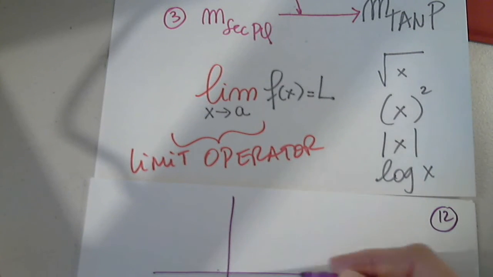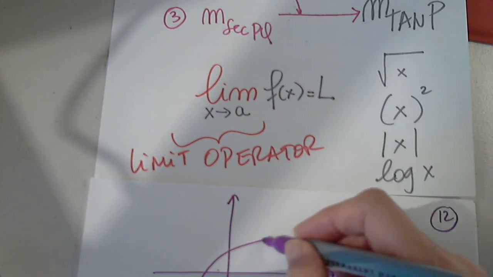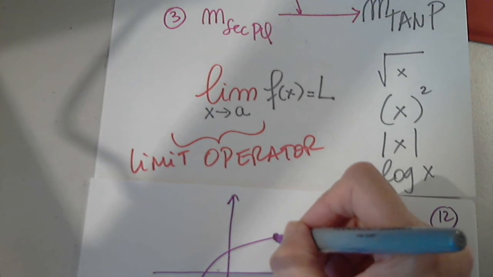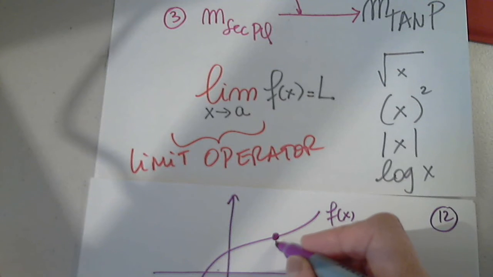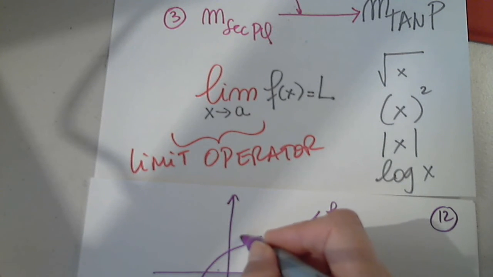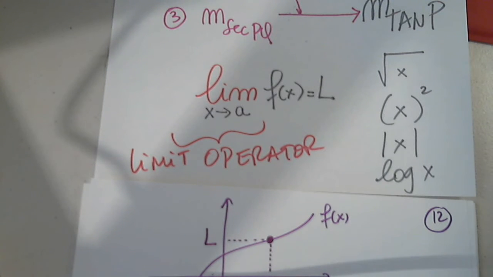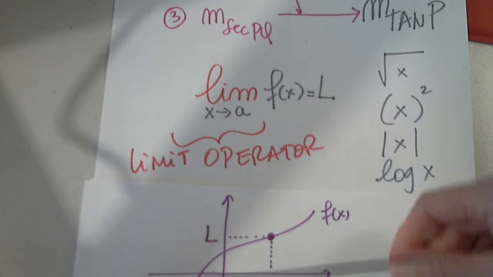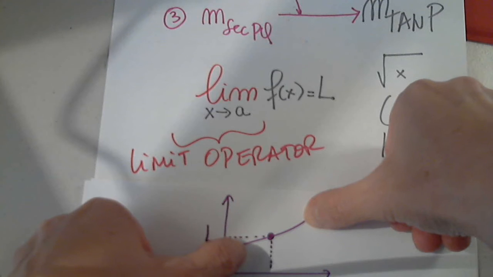So here's the graph. Again, a function. This is function f of x. And we have somewhere here a point. What does this say to us? It says that as x approaches a from either side, what do the function values do?